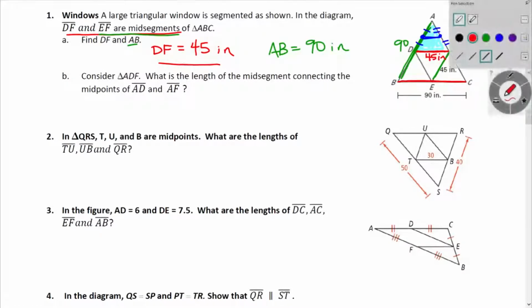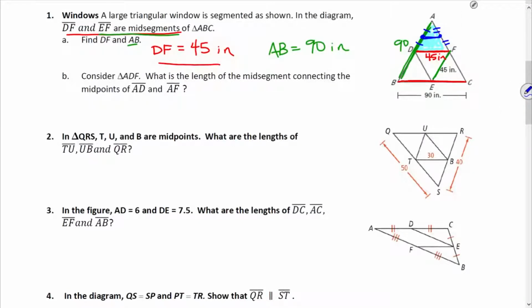I'm looking at just that blue triangle. The third side of my blue midsegment is 45 inches. So this midsegment of the top blue triangle is half of 45 inches, or 22.5 inches.